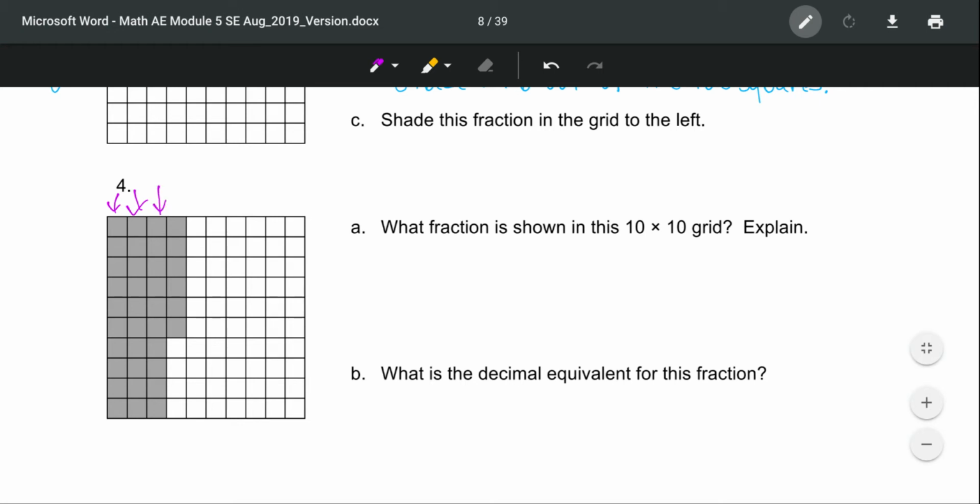So that means so far we have 10 plus 10 plus 10, that would be 30. And then we can count the individual units in the last column. So it'd be 1, 2, 3, 4, 5, 6. So that means there are 36 units shaded in.